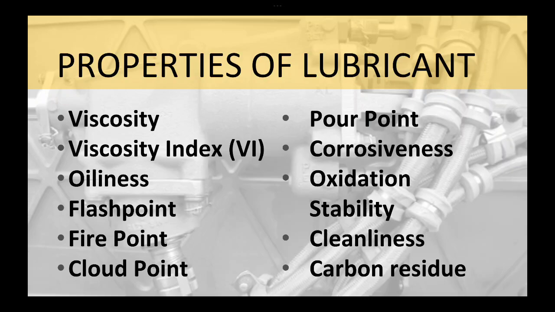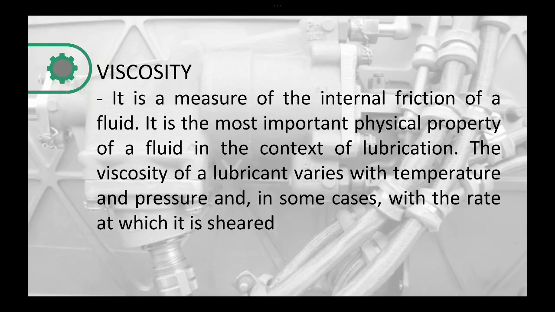We have 11: viscosity, viscosity index, oiliness, flash point, fire point, cloud point, pour point, corrosiveness, oxidation stability, cleanliness, and carbon residue. Firstly, viscosity is the measure of internal friction of a fluid. That's just it.